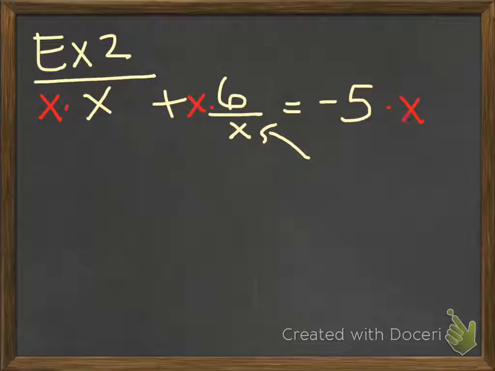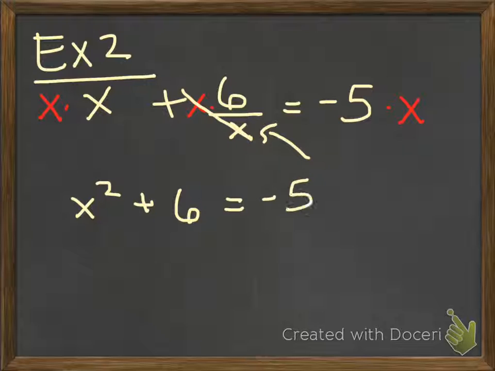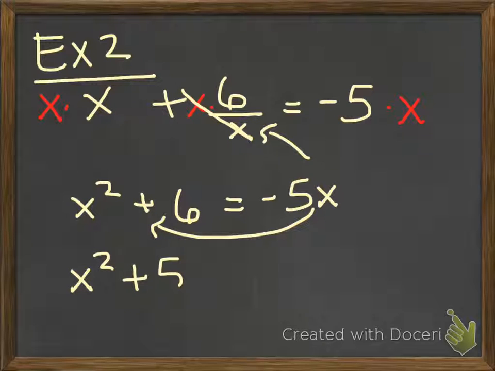So we're going to multiply this by x, and this by x. Now we have x times x is x squared, plus the x's cancel, we get 6, equals negative 5 times x is negative 5x. We're going to bring it to the other side and put it in order. So that's x squared plus 5x plus 6 equals 0.